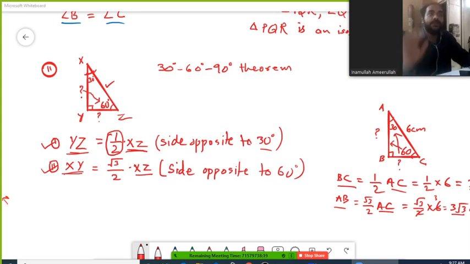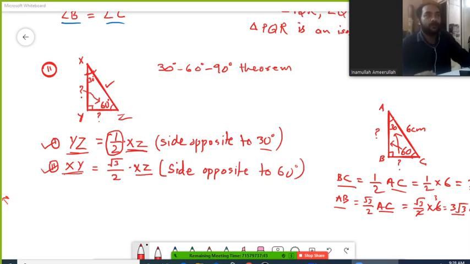So you need to make it very clear and remember this: in a right angle triangle, if two sides are known, in order to find the third side, we can use Pythagoras theorem. And if in any right angle triangle the remaining two angles are 30 and 60 and only one side of the triangle is known, then we can use the 30, 60, 90 theorem to find the missing or unknown sides of the triangle.